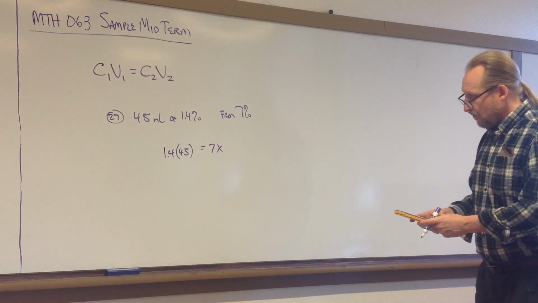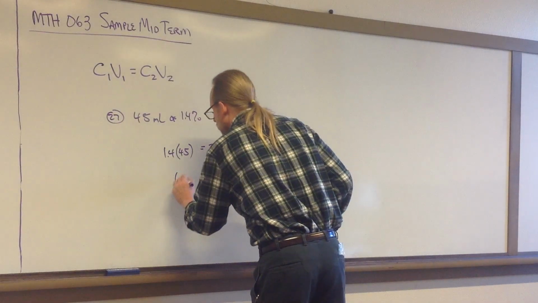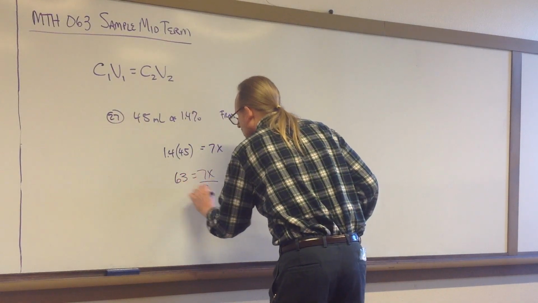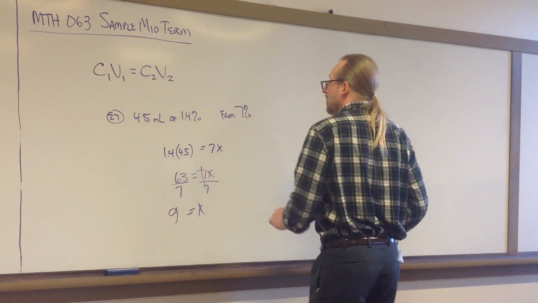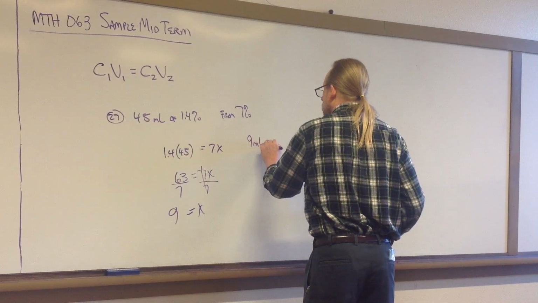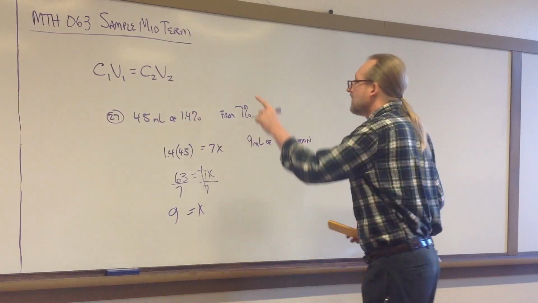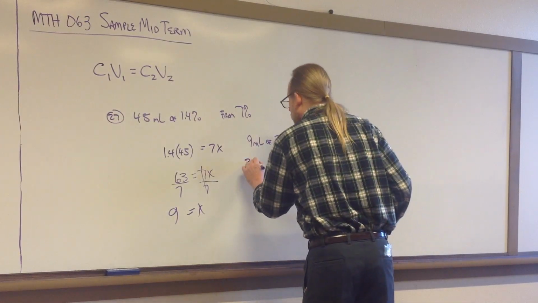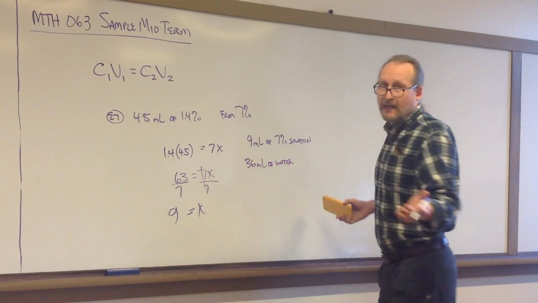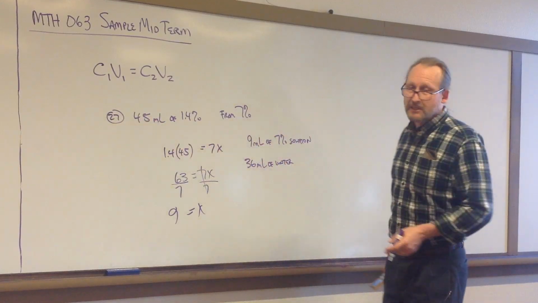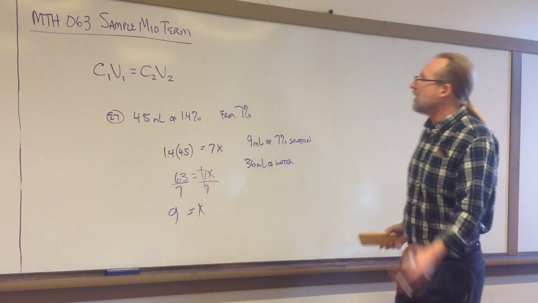We do 1.4 times 45, and that gives us 63. Then divide on both sides by 7, so X equals 9. So we need 9 milliliters of 7% solution. And then we're going to dilute it with, what, 36 milliliters of water. To get that, all I did was 45 minus 9 gives us 36. These two should always add up to how much you're going to need.